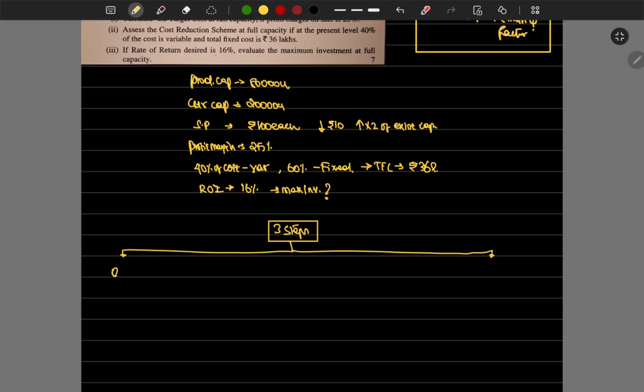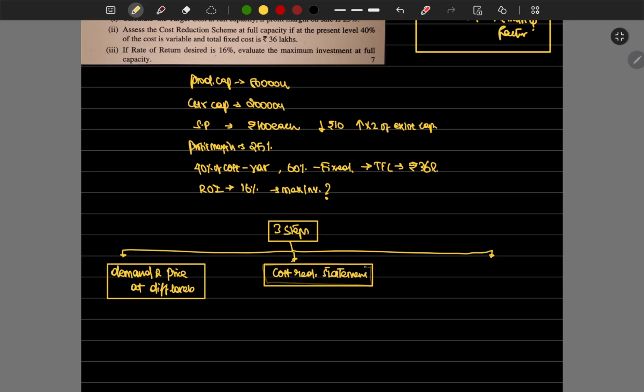So the first step is the statement of demand and price at different levels. Then the cost reduction statement. Then the statement of maximum investment.